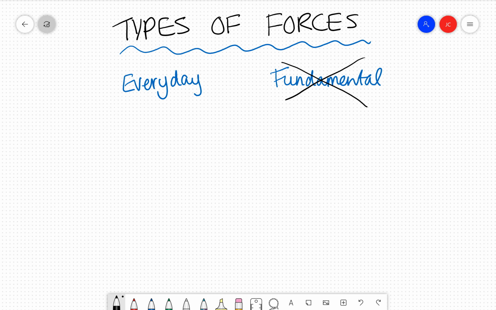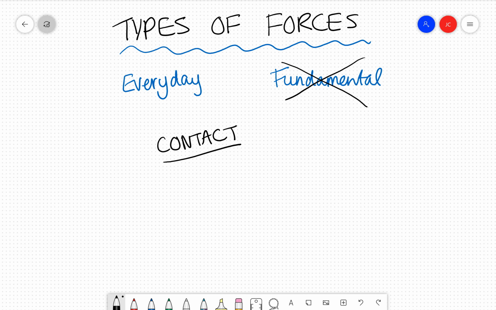Now, out of these everyday forces, there are 6 of them, and we're going to go through them each, but it's important to understand that 5 of these forces are what are called contact forces, and contact forces mean that they only happen when things are actually physically touching in the world.